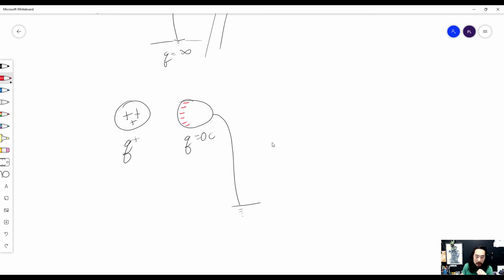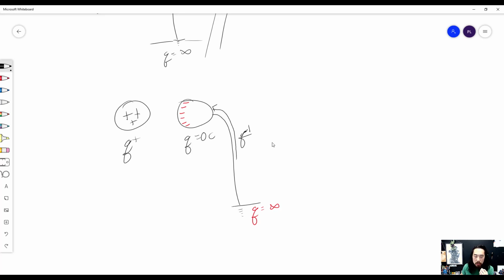So here in the ground, this ground with its infinite amount of charge, it's like all the negative charges here are like, oh my gosh, there's a large positive source. And so what happens is the positive source will attract the negative charges.